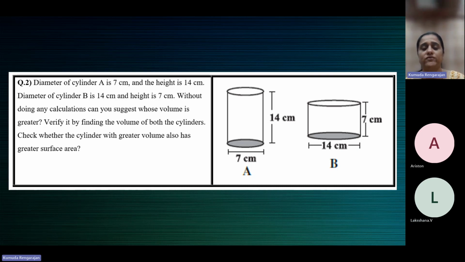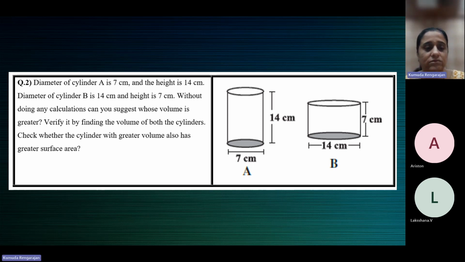Correct. The radius of the first cylinder is 7/2 or 3.5. What's the radius of the second cylinder? 7. Height of the first cylinder? 14. And the height of the second cylinder? 7. So we have to be careful with the radius. For the first cylinder, 7 is the diameter, so radius is 7/2. For the second cylinder, diameter is 14, so radius is 14/2, which is 7.